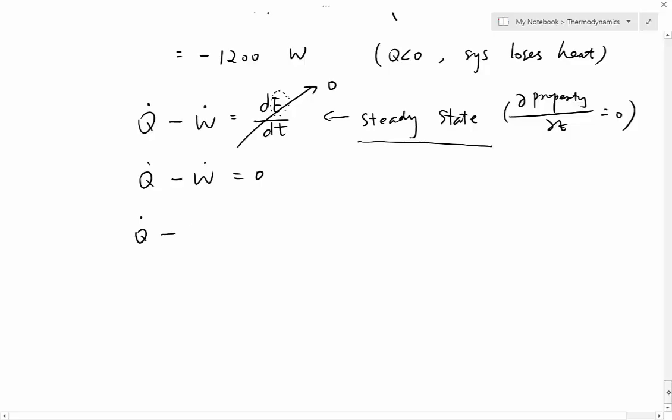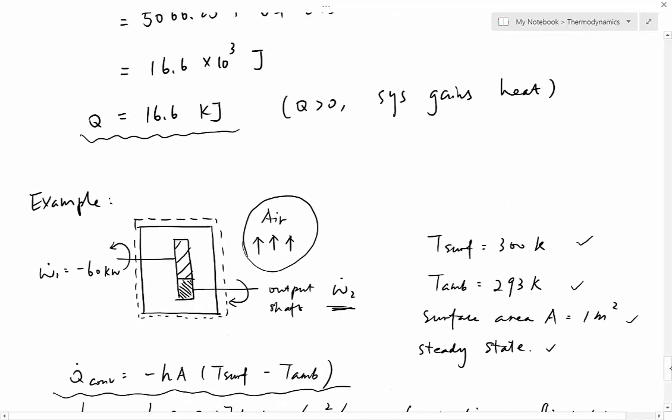However, when you talk about W dot for your system, let's go back to the diagram. How many W's do you notice? I actually have two W's. The first one is W dot 1. The second one is W dot 2.